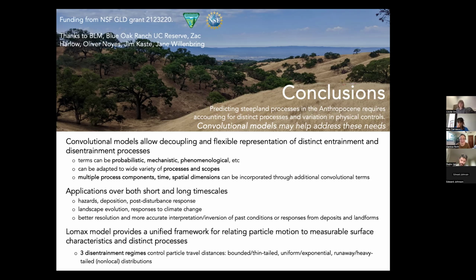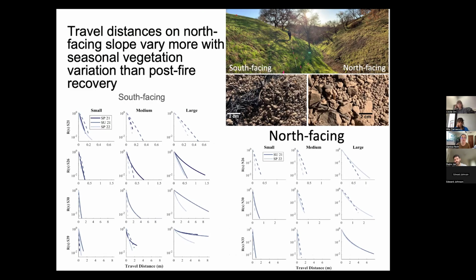I'm so glad you asked. I did not show this data in this talk, but we actually have looked at this a bit. I only showed you data from the south-facing slope here, but this is a paired north and south-facing hill slope in this catchment, and the north-facing slope is actually very different.